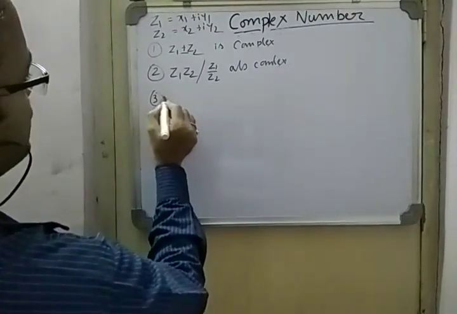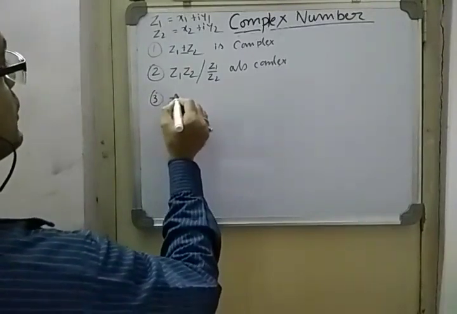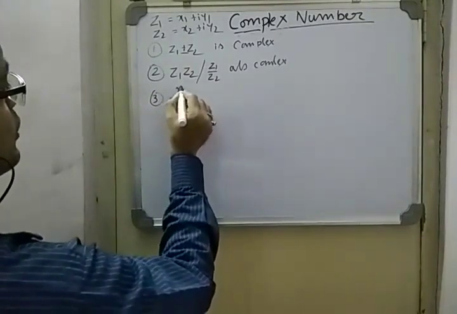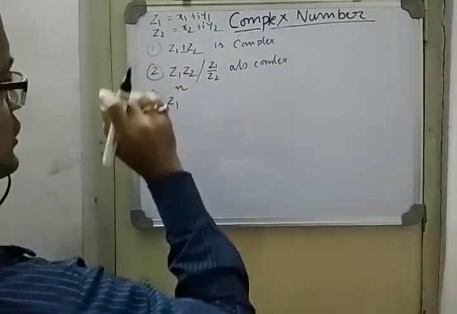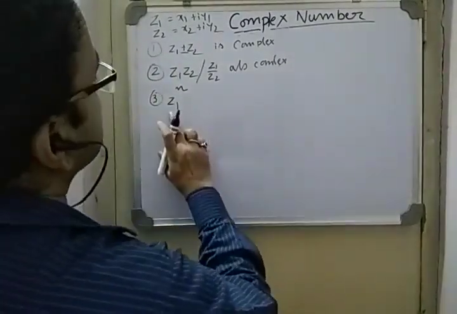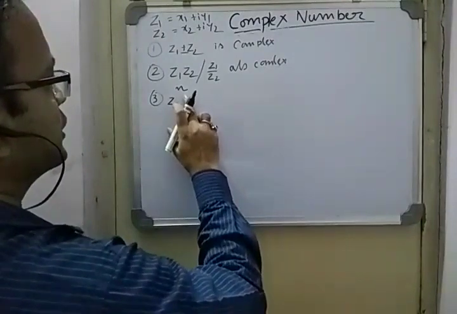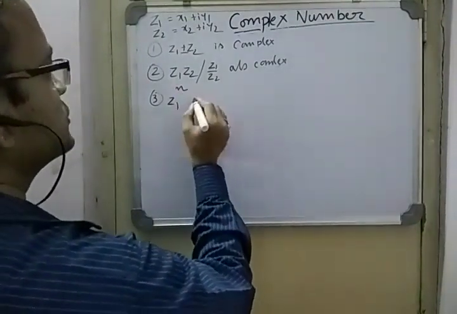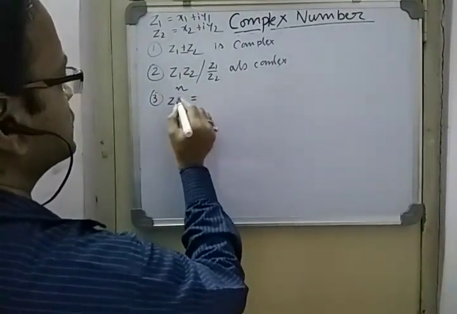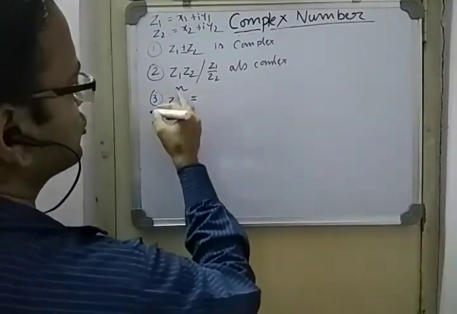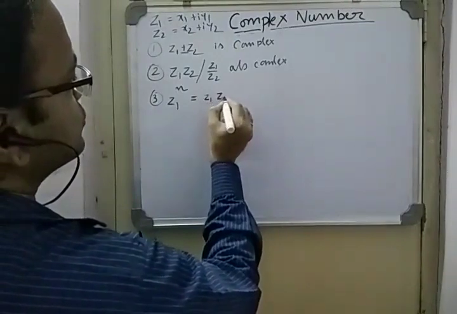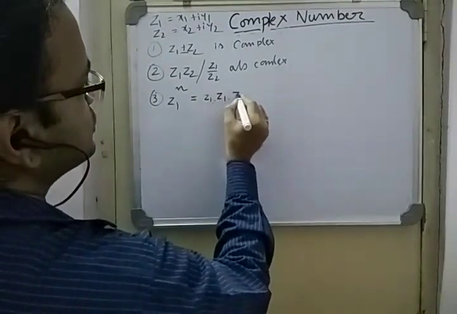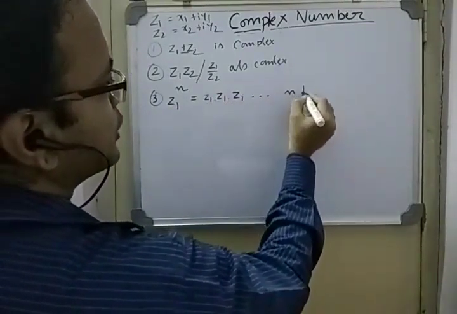Now what is Z to the power n, or Z1 to the power n? Suppose n is a natural number. So what is the value of Z1 to the power n? N is any integer, so what does this mean? If we take n as a positive integer first, then it is Z1 into Z1 into Z1, dot dot, n times.